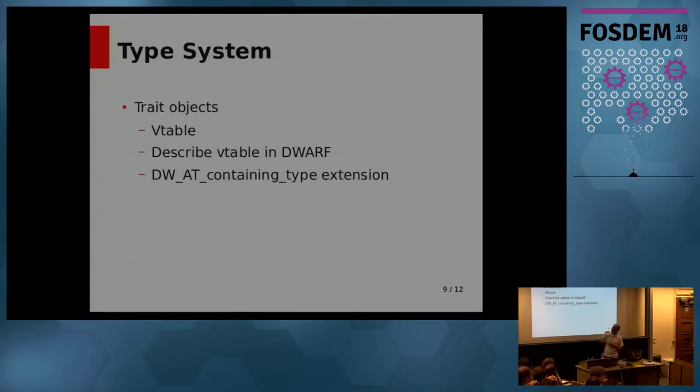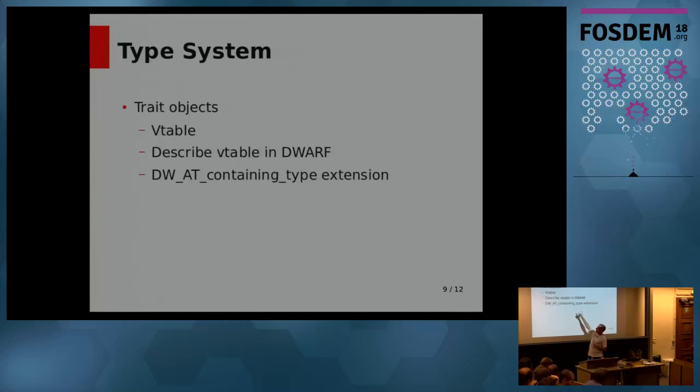Our solution was a little different. We actually just emit something that describes what these trait objects look like. We emit something that describes the virtual table at least a little bit, and what we did is we made a DWARF extension where the V table has this thing.